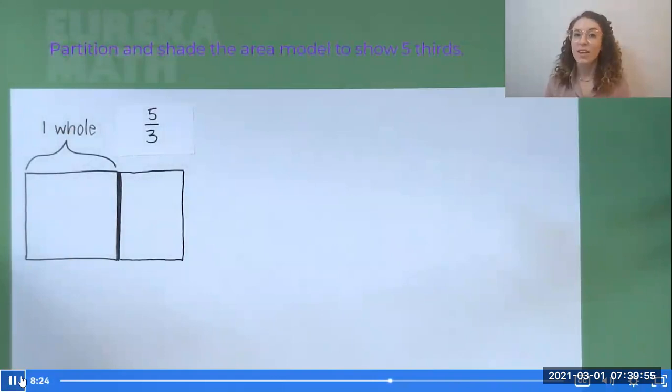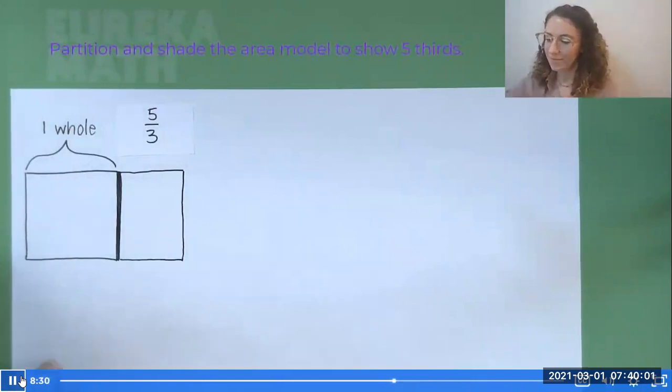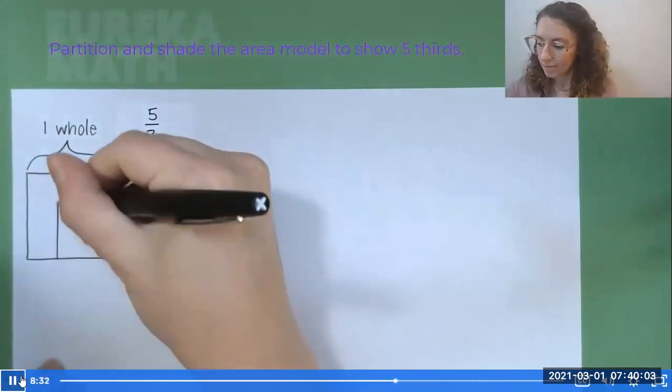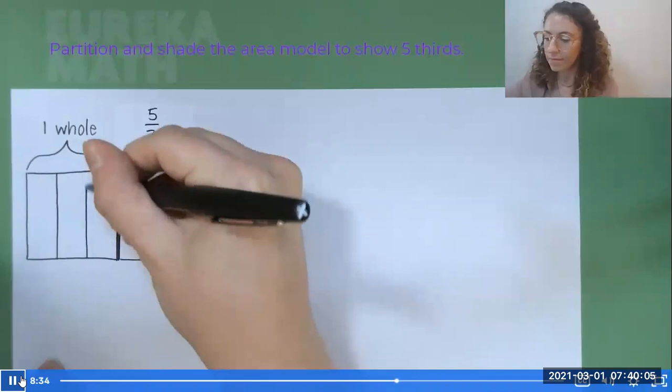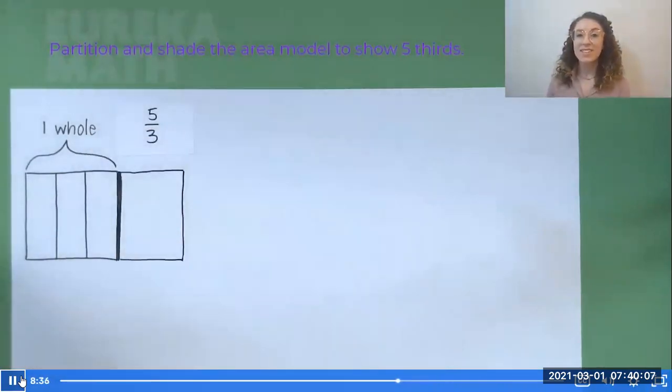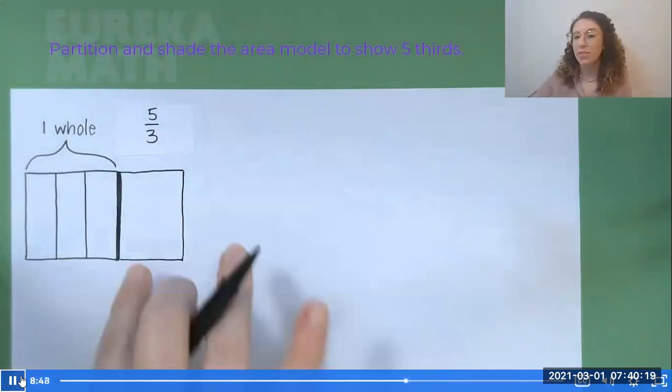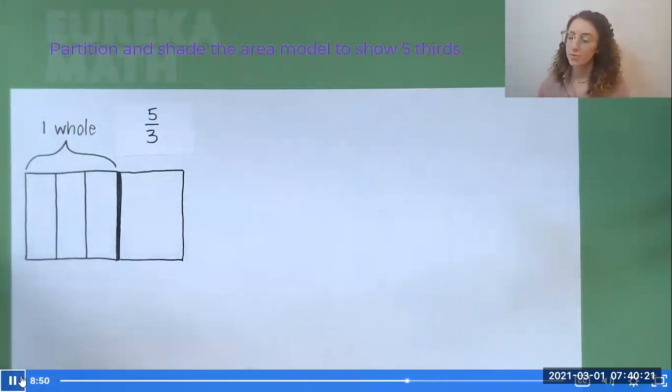The unit is thirds. That means I cut each whole into 3 parts. How many thirds is this so far? 3/3. And how many more thirds do we need to have 5/3? 2 more thirds. Split this part of the selected units in 2.